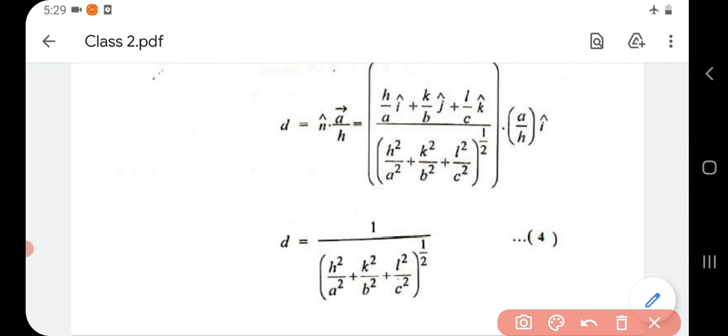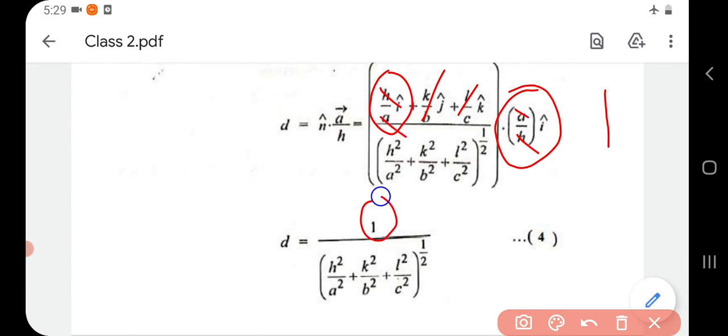So h by a i cap dot a by h i cap, what is its value? h and h get cancelled, a and a get cancelled, so i cap dot i cap is 1. That is why you got a 1 here. Now the denominator is kept as such. So the value of d for an orthogonal lattice is given by the formula 1 by root of h square by a square plus k square by b square plus l square by c square.